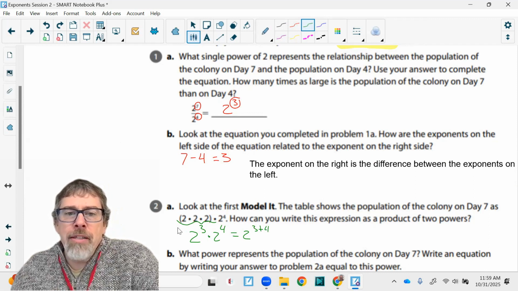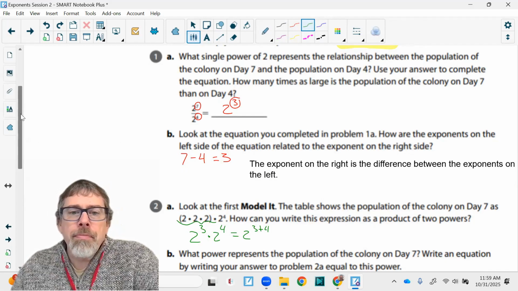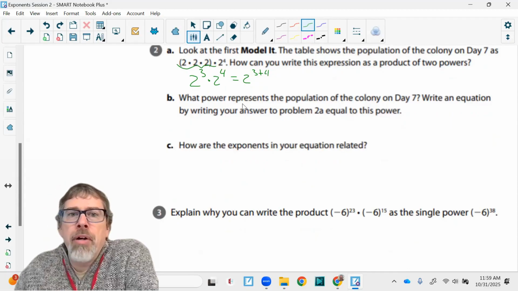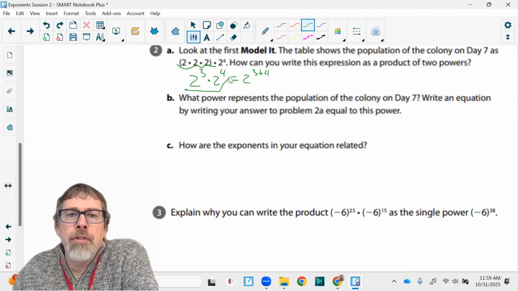Okay, from our previous lesson, when multiplying, you add the exponents. So as the product of 2 powers. So actually, we should have just stopped here. That's what this question asked. So I will erase that.